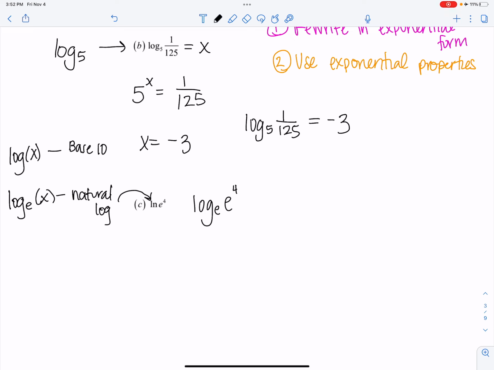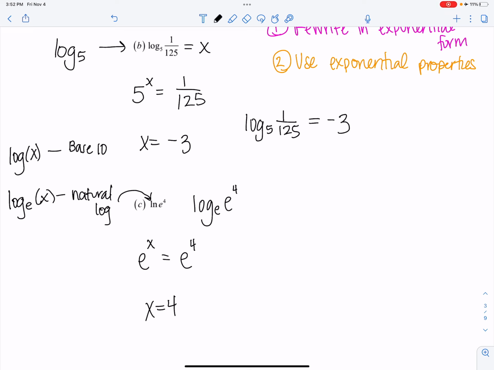Now, this tells me e to some power will give me e to the fourth. Well, if my bases are the same and these quantities are equal, that means my exponents have to be the same. X equals 4. And that makes sense because e to the fourth will equal e to the fourth.